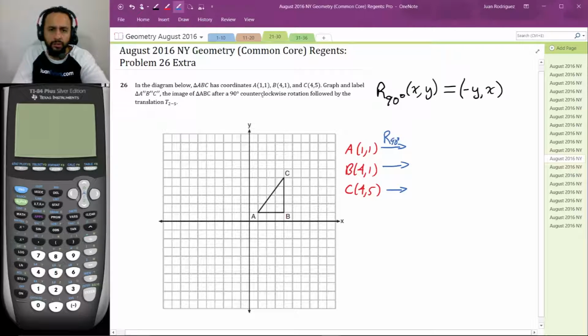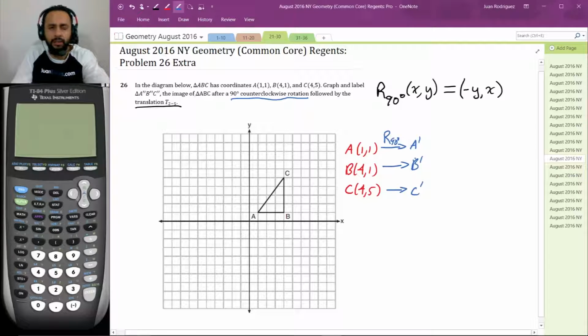Notice that I'm doing this in the correct order: 90 degrees counterclockwise rotation, followed by the translation (2, -5). So the next one is A prime, B prime, and C prime.